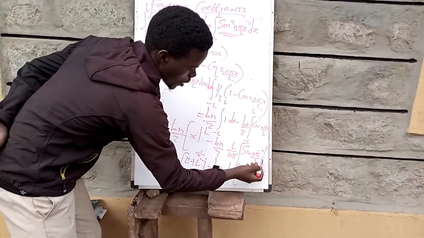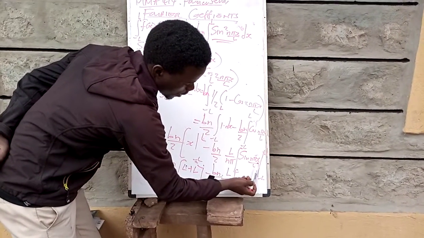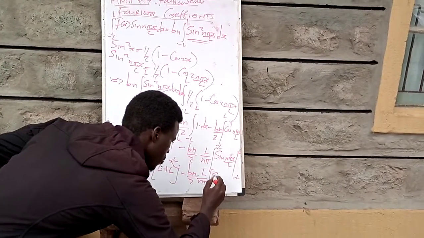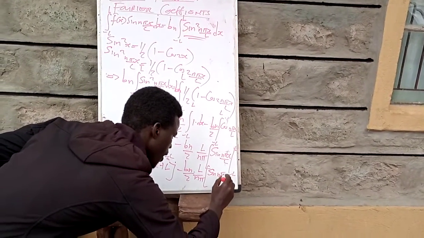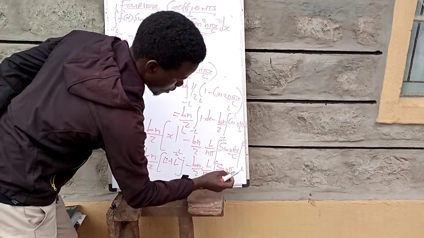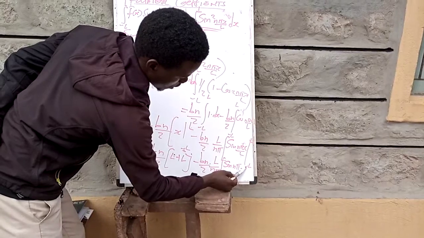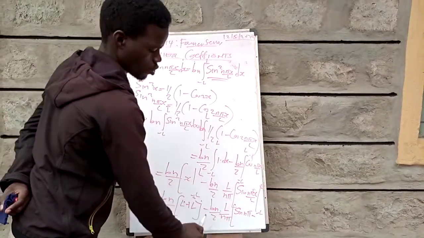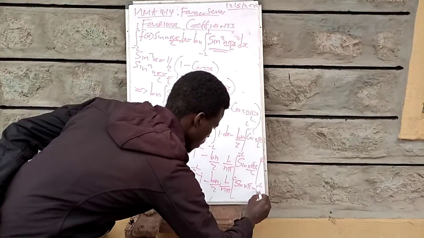If you substitute L here in x, the L in x will cancel with the L in the denominator. So that will remain with sine n pi, minus, if you substitute negative L in x here, it will also cancel with the L in the denominator.